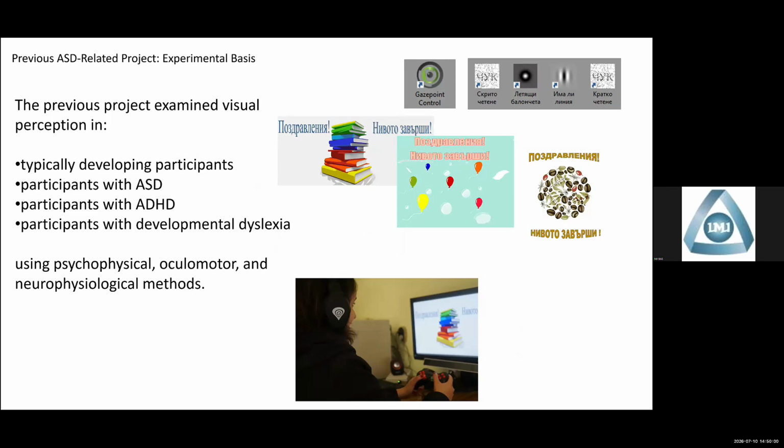The previous project examined visual perception in 4 groups of participants: with typical development, with ASD, attention deficit hyperactivity disorder, and dyslexia, in order to compare and try to recognize the features which are specific only for the autism spectrum disorder, or for any of these neurodevelopmental conditions.